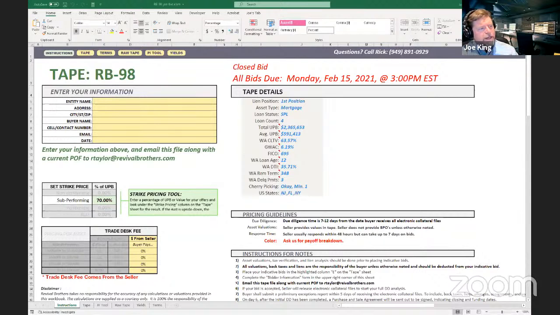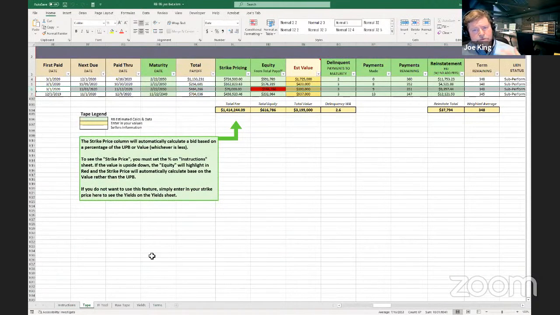But real quick, IPA is an analyzer that we developed for real estate investors, where you can analyze everything from a note, performing, non-performing, a first or a second, to an REO. And take it even further and look at it from the standpoint of a rental or a fix and flip.